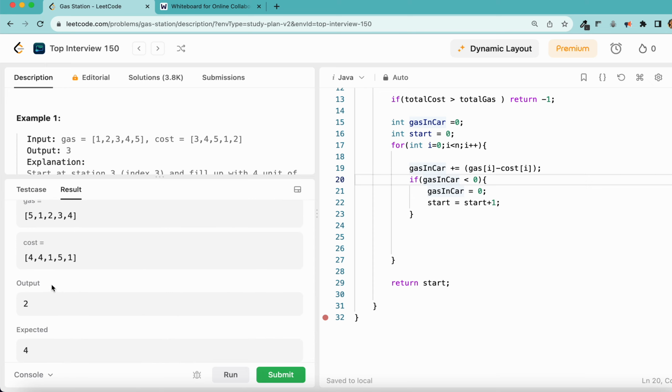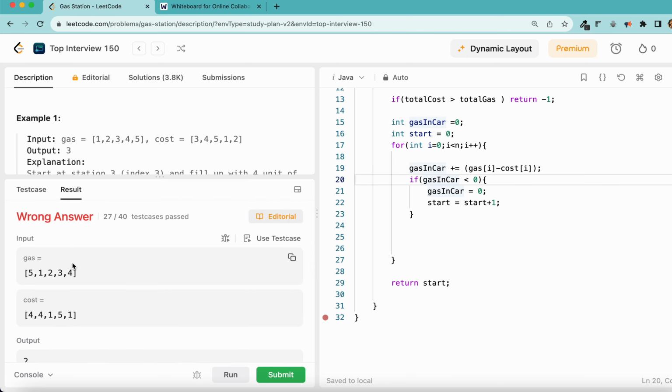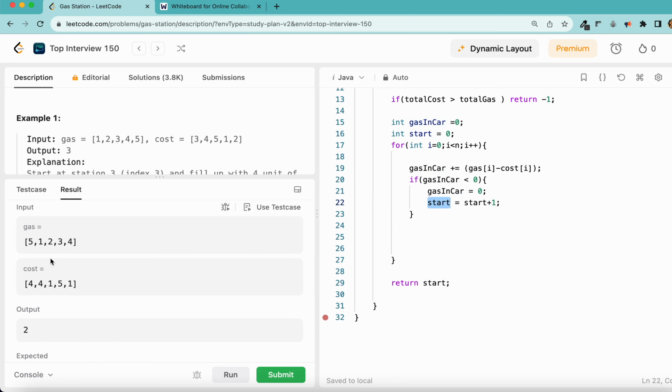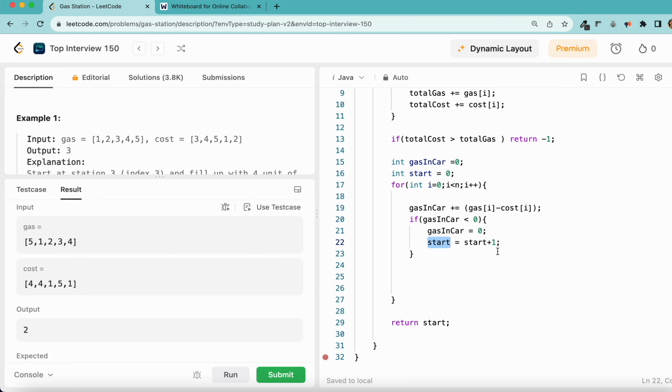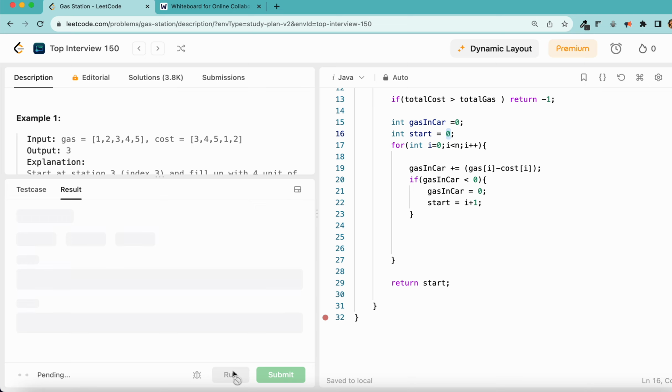My output is 0, 1, 2, but the expected output is 4. I think the start position can be both because both are positive, and it is not moving here. So it should not be start plus 1, it should be i plus 1 next. Let's try to run the solution.